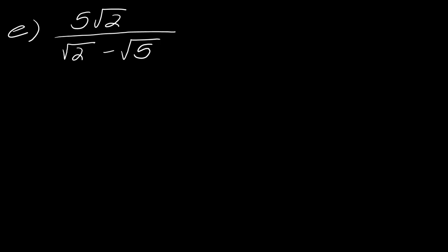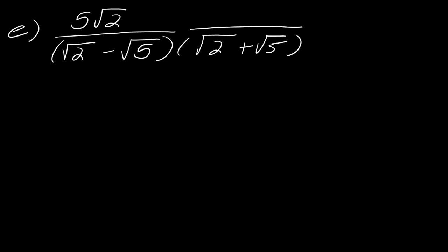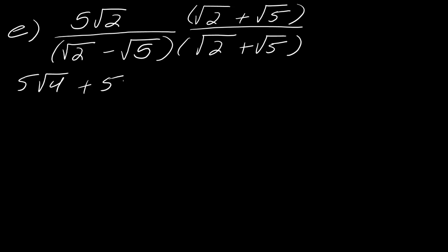Okay, so for this next one, once again, just multiplying by the conjugate here. So for this one, I will multiply this by square root of 2 plus the square root of 5. Whatever I do to the bottom, I have to do to the top. Okay, so let's distribute the top. So this will be 5 times the square root of 4 plus 5 times the square root of 10.